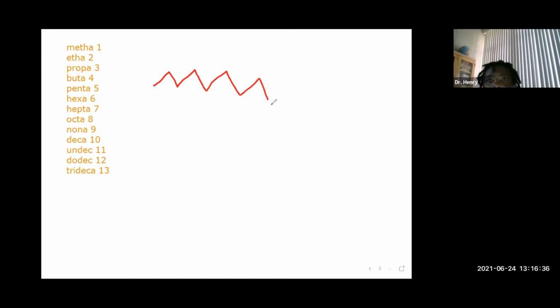So this guy has 9 carbons. So we would start it out as non, N-O-N. And then since they're all single bonds, we'd put A-N-E. So nonane.